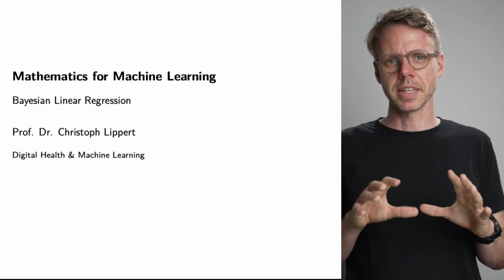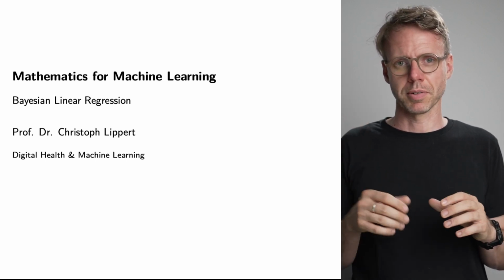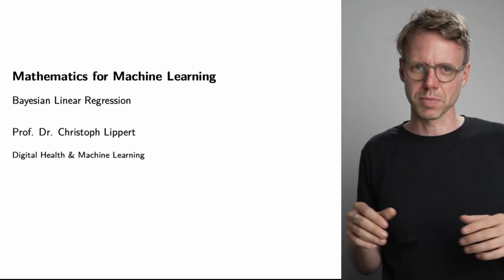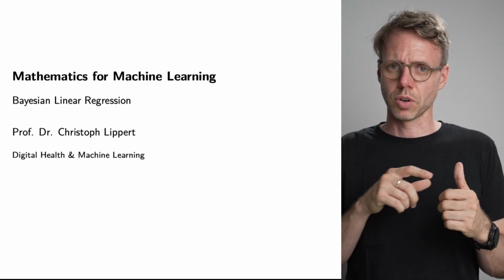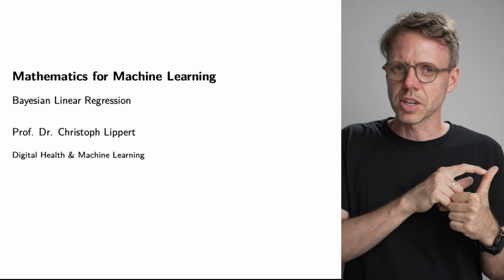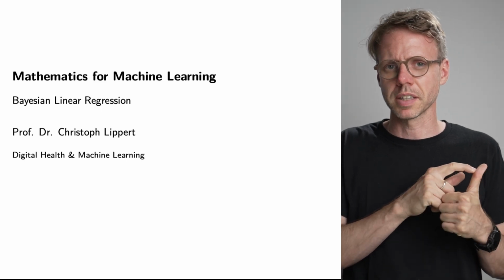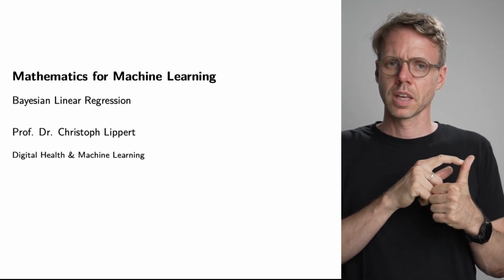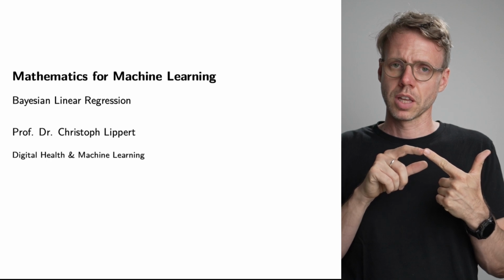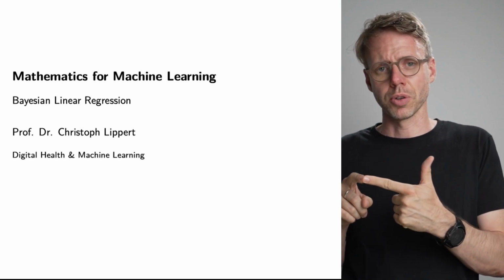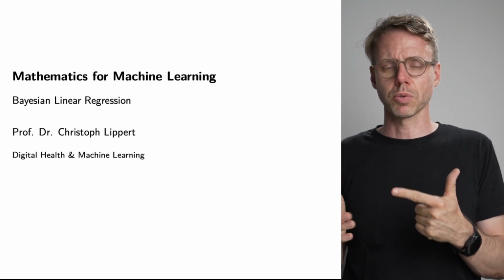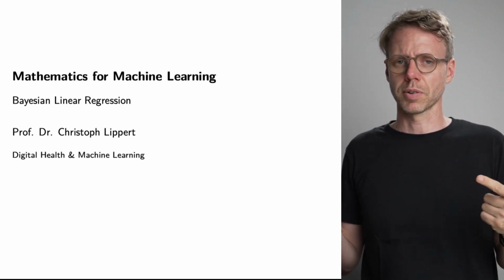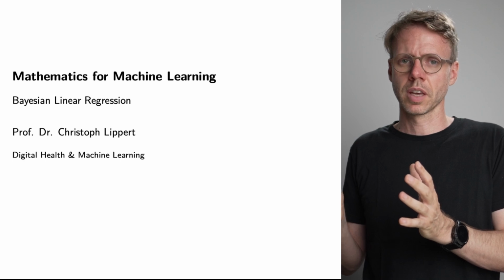We have many times talked about linear regression, which is one of the most essential models in machine learning. We have looked at parameter estimation in linear regression by minimizing the squared error. We have looked at how you could penalize the weights as a way to regularize regression, to get ridge regression.